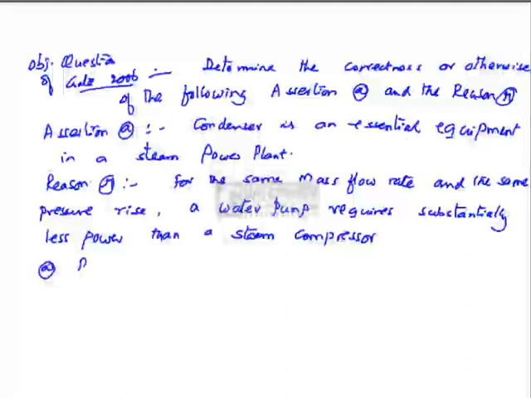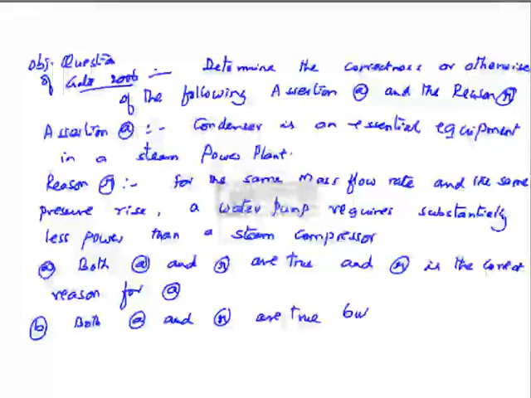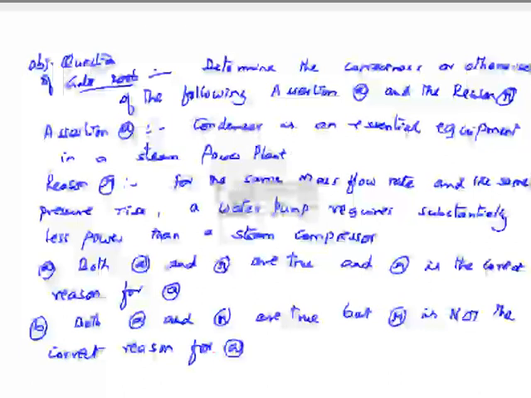Option A, both assertion and reason R are true, and R is the correct reason for assertion A. Option B, both A and R, that is assertion and reason, are true, but R is not the correct reason for assertion.